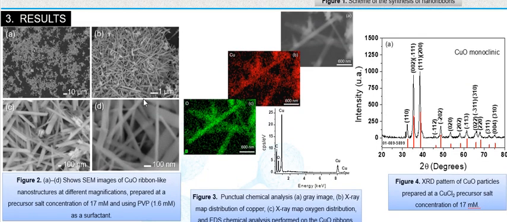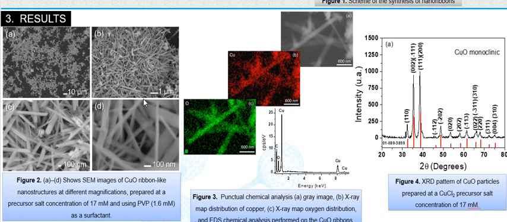Figure 2 shows micrographs obtained by scanning electron microscopy, showing images at different magnifications, in which a sample of nanoribbons with homogeneous sizes and shapes can be seen. The chemical mapping analysis in Figure 3 indicates the X-ray distribution of the elements copper and oxygen corresponding to cupric oxide.